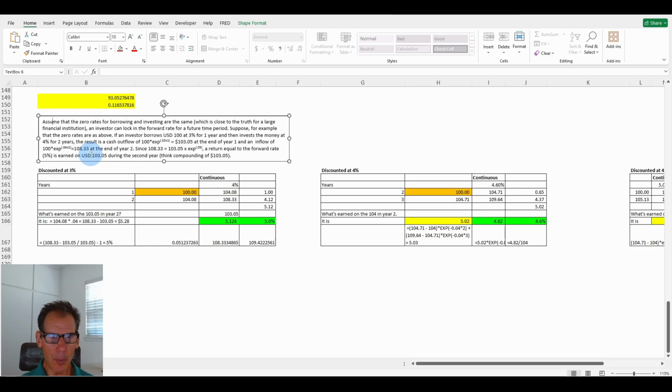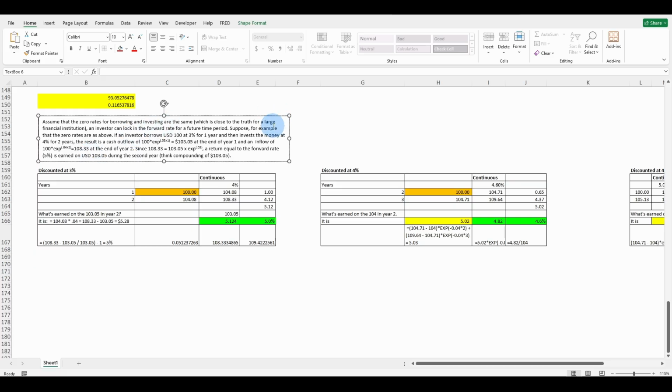Assume that zero rates for borrowing and investing are the same, which is close to the truth for a large financial institution. An investor can lock in the forward rate for a future time period. Suppose, for example, that the zero rates are as above.